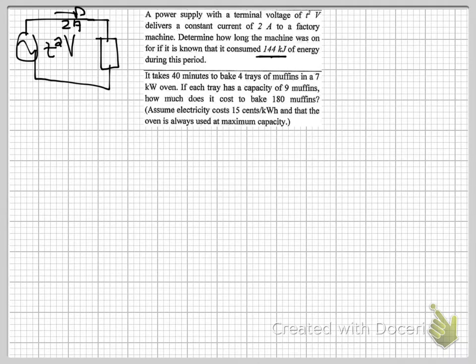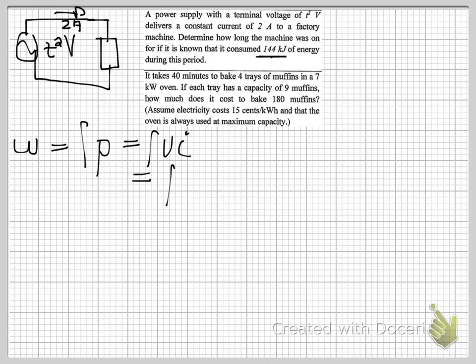You are given energy and you are asked to determine time. Energy is the integral of power, and power is voltage times current. So energy, or work done, is the integral of power, which is equal to the integral of VI.